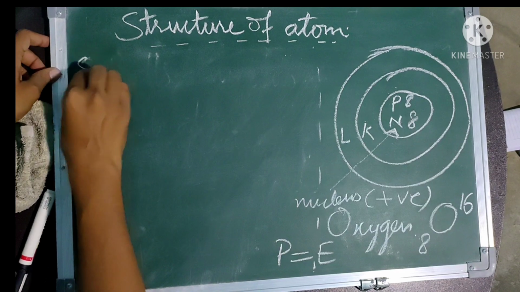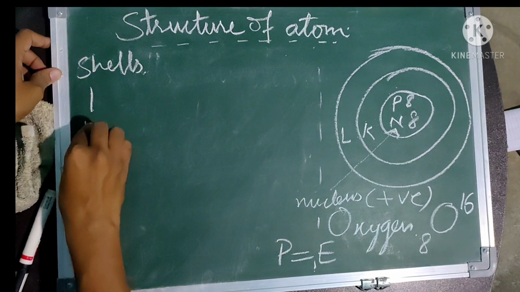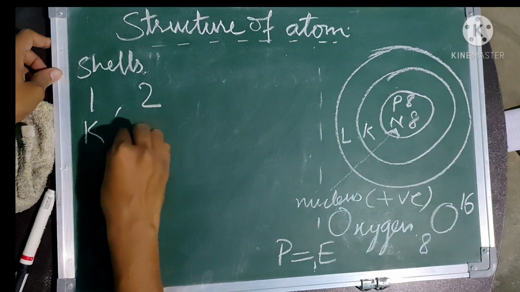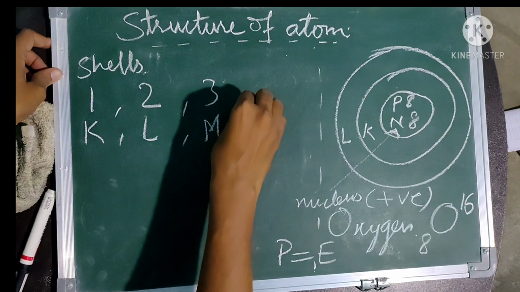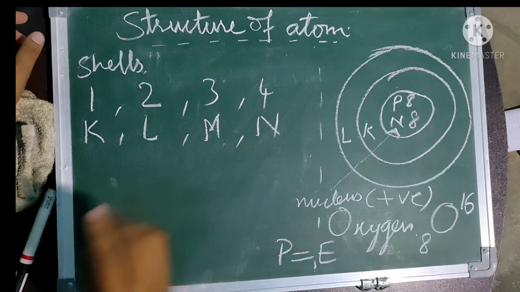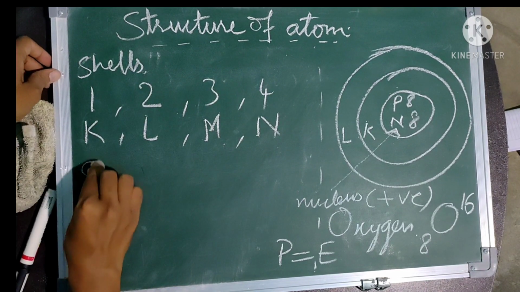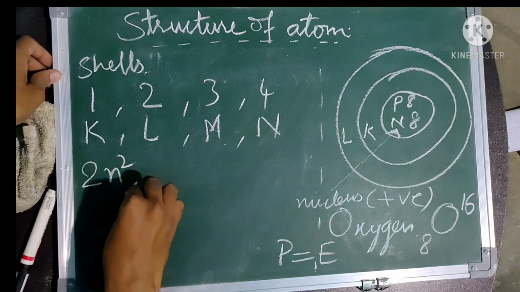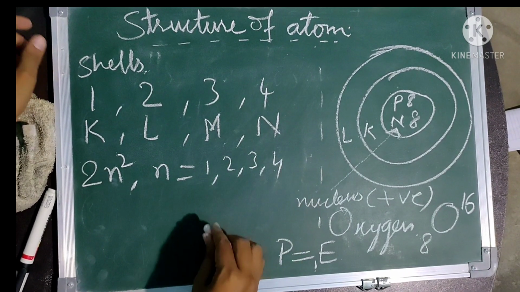So the number of shells are, first is K shell, second is L shell, third is M shell, fourth is N shell, and number of electrons in a particular shell is decided by the formula 2n square, where n is the number of shell, n is equal to 1, 2, 3, 4.